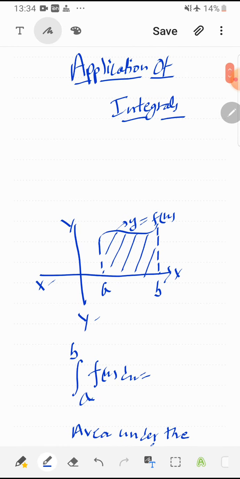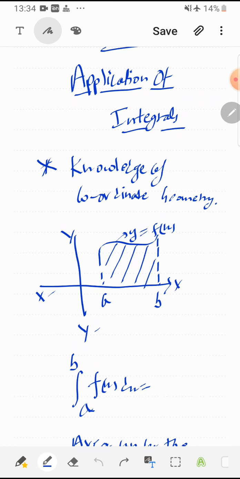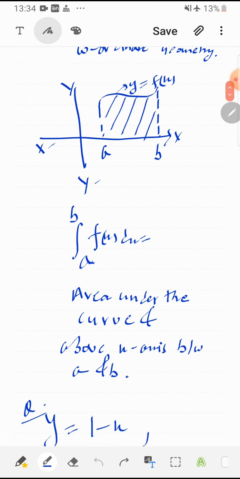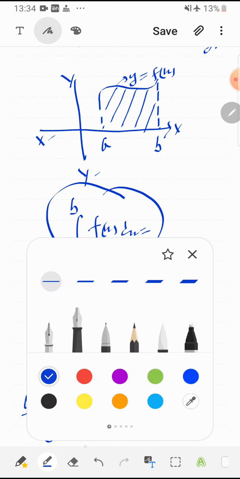One point we have to remember when we are doing application of integral, that means we have some basic knowledge of coordinate geometry, that means curves, standard equation, their focus, center, radius, like that, and nothing beyond that, that is enough. Now as we know that if we are having any function y is equal to f of x, then area under the curve from a to b is given by integral a to b f of x dx.